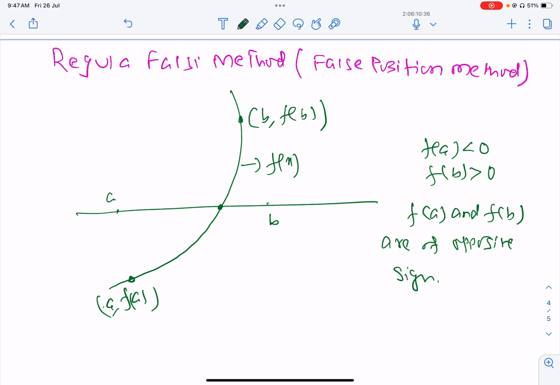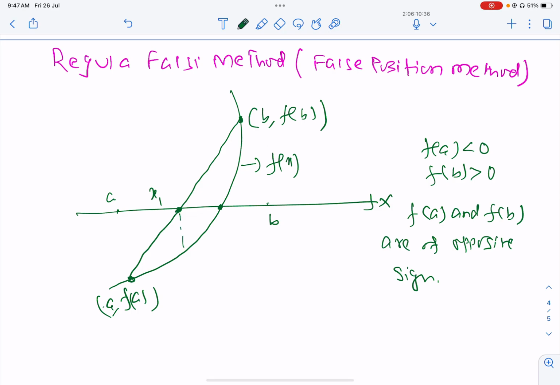Okay, so the idea here is like this: if we join these two points, then it cuts the x-axis somewhere here, and we call this our first approximation. So that is the idea.